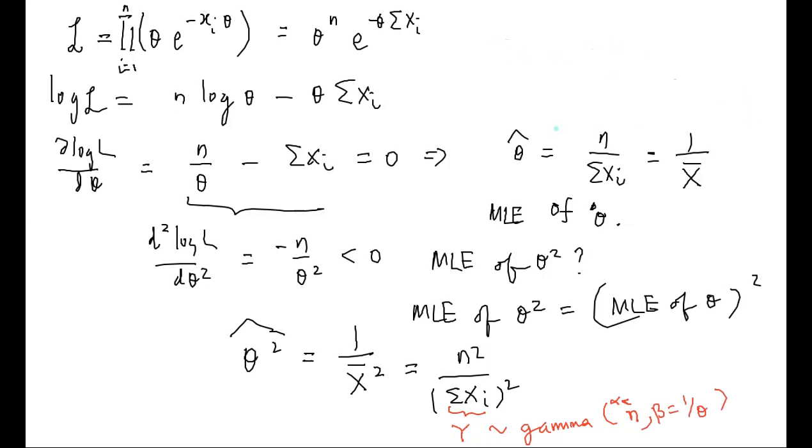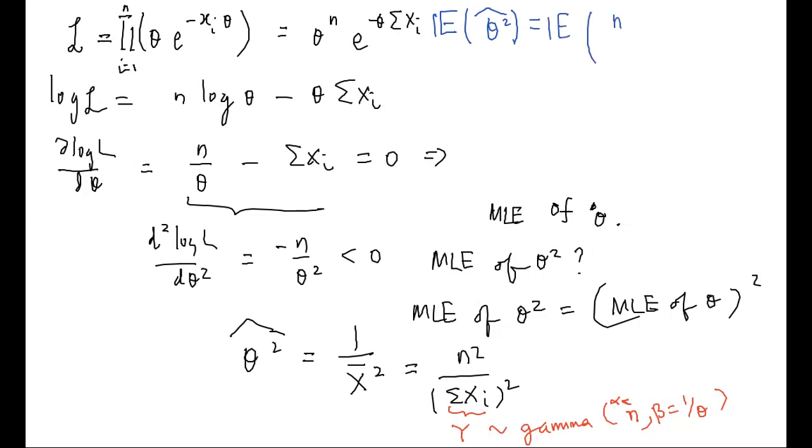We just need to do some basic mathematical statistics work to find the expectation of this, that is, the expectation of n square over summation xi square.